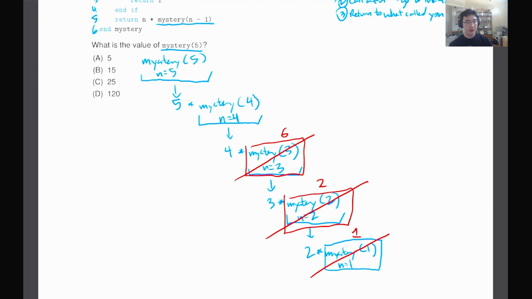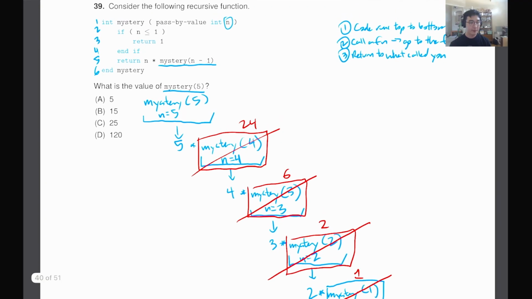And you return to line 5 once again. So we're now at line 5 once again, and it says return n, which is 4, times mystery 3, and we computed that mystery 3 is 6. So now we do return 4 times 6, that is 24. And you return to what called you, which is that mystery 4 call. Now we get 24.